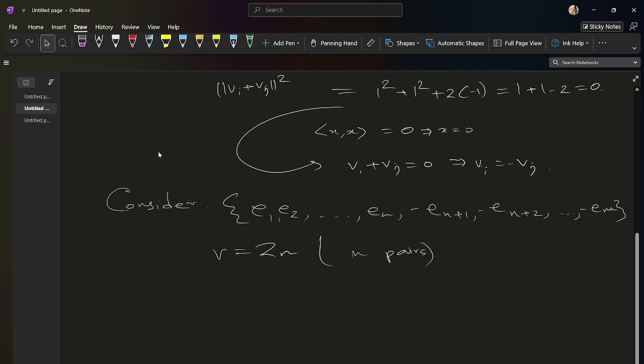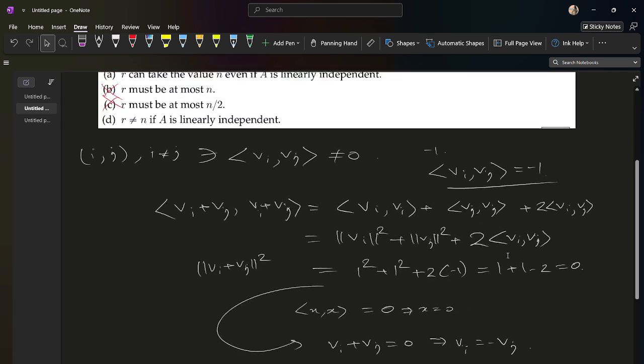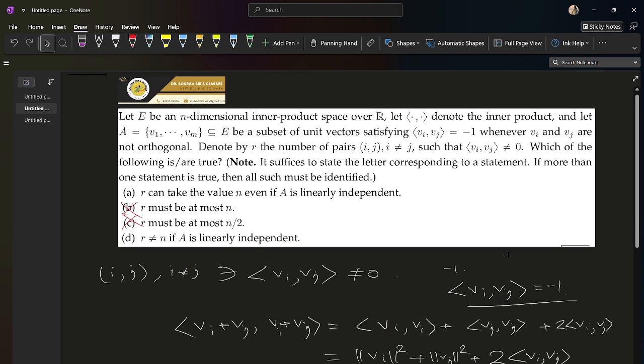In this consideration, A has rank n, and these are all linearly independent of each other. So R can take only the value 2n if A is linearly independent, so option A will again be a false statement.